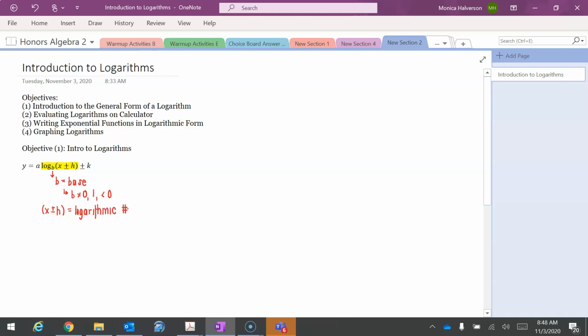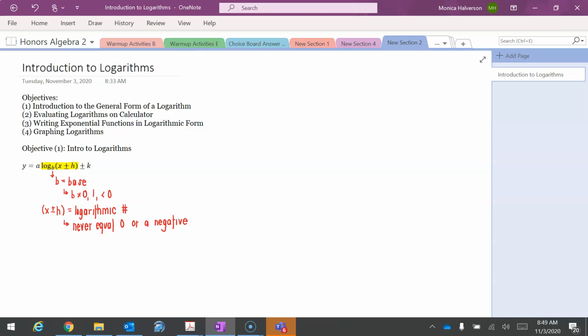And it too has a rule that it can never equal 0 or a negative. So logarithmic functions have this additional rule with the logarithmic number.